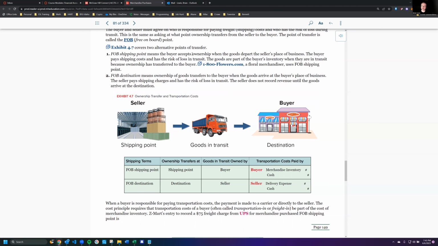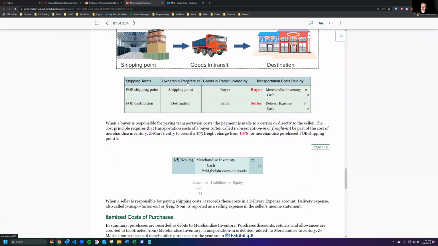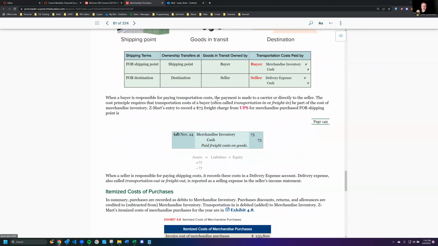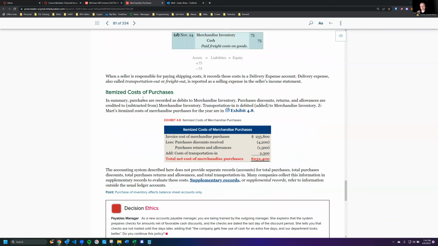If it's FOB shipping point, then they record it the moment it leaves the dock. That's because they own it. It's their risk. All right. They're paying for the shipping costs and everything. So this will determine when the inventory is recorded, when the shipping costs are recorded, who records shipping costs. And so you'll definitely want to make sure you capture this.